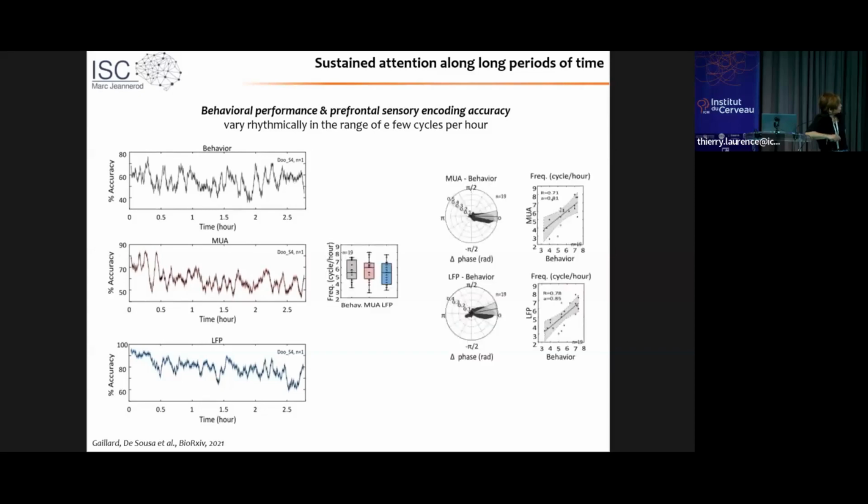And these changes in behavioral rhythms can be assigned, and I have lost the pointer, I'm sorry, can be assigned to 5 to 7 cycles per hour, and the behavioral rhythm fully correlates with the prefrontal information content.